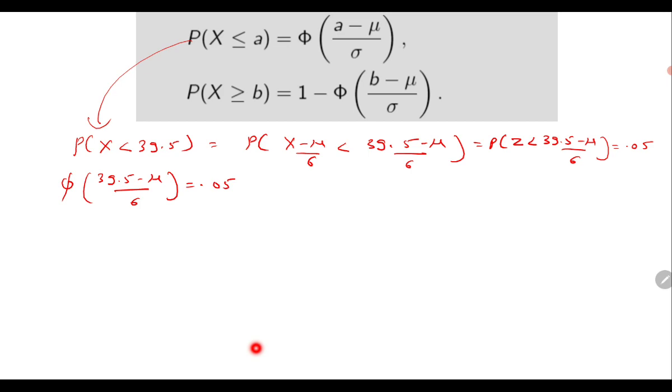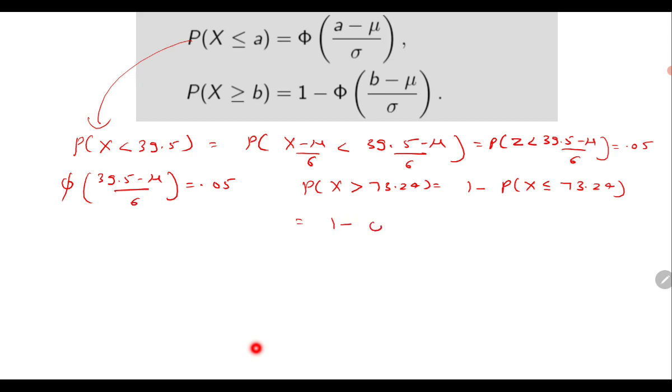The next information is probability of x greater than 73.24, which can be written as 1 minus probability of x less than or equal to 73.24. And now again you reduce it into standard normal distribution.